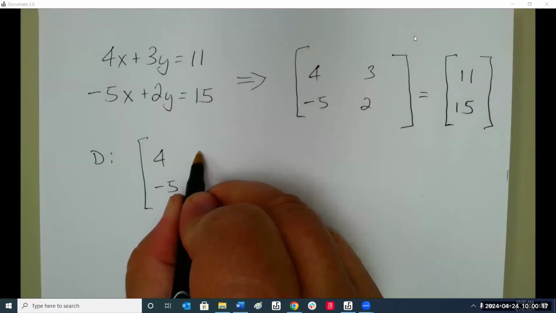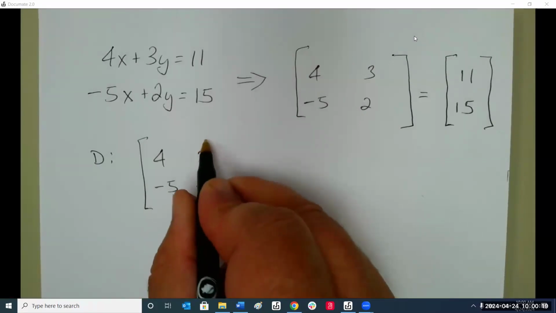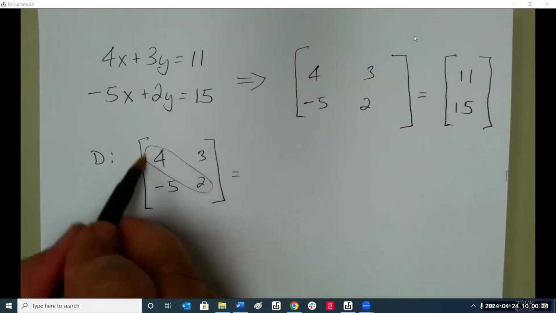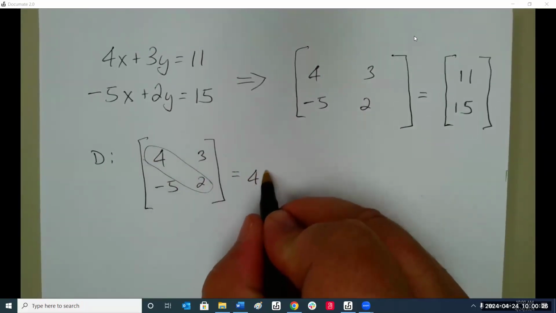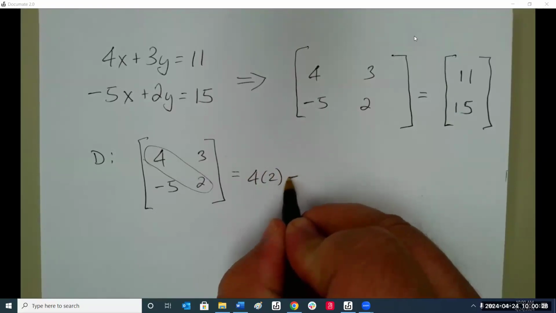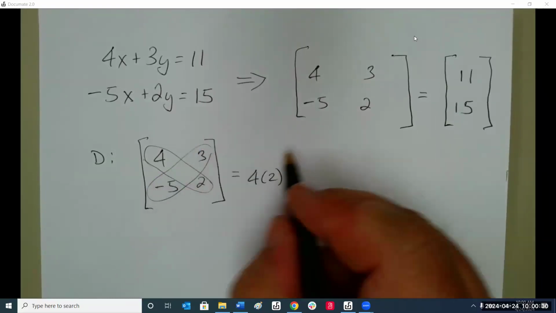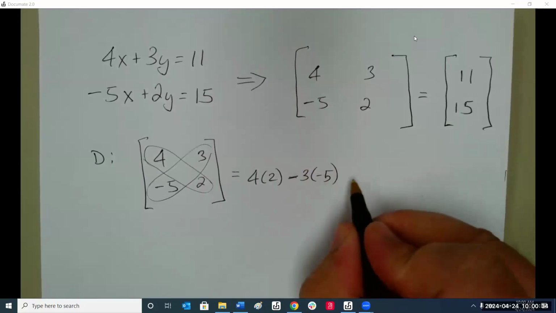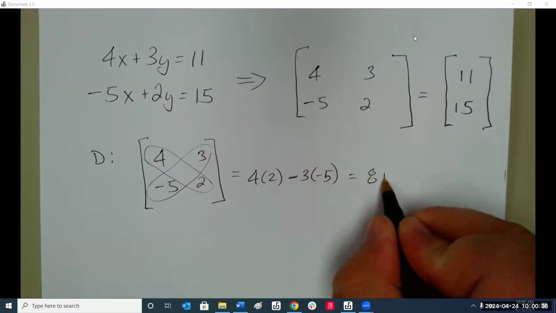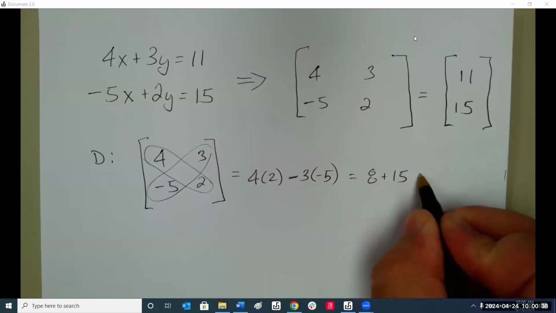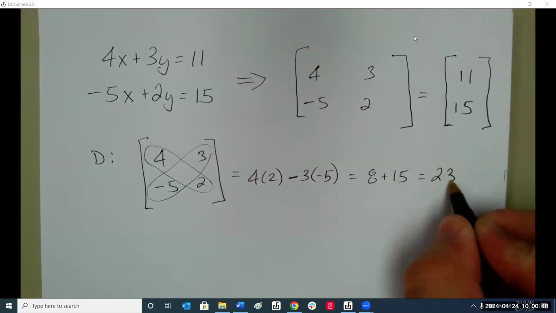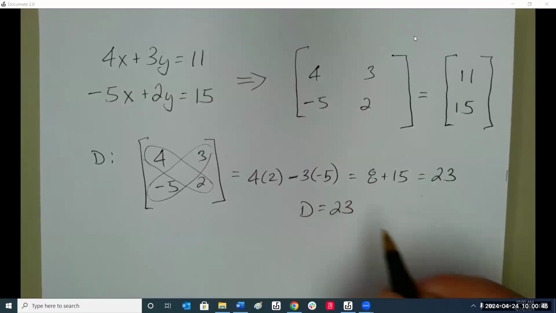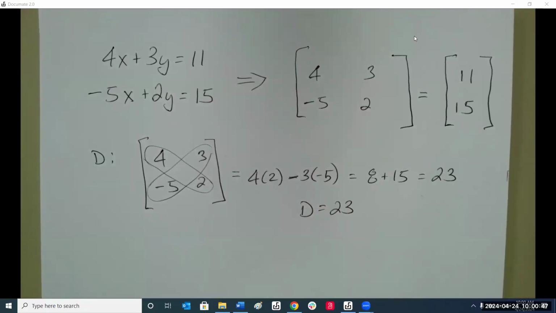Now we're going to find the main determinant. D is equal to 23.